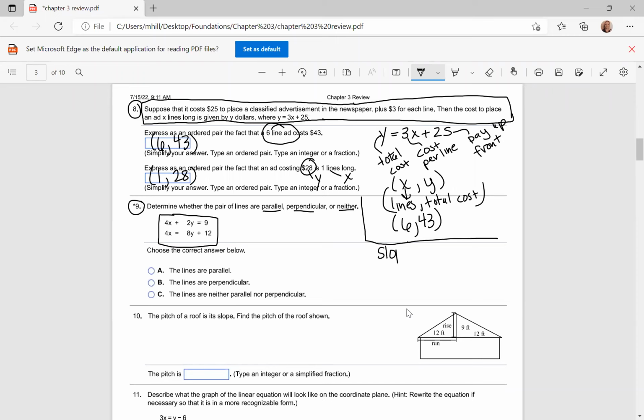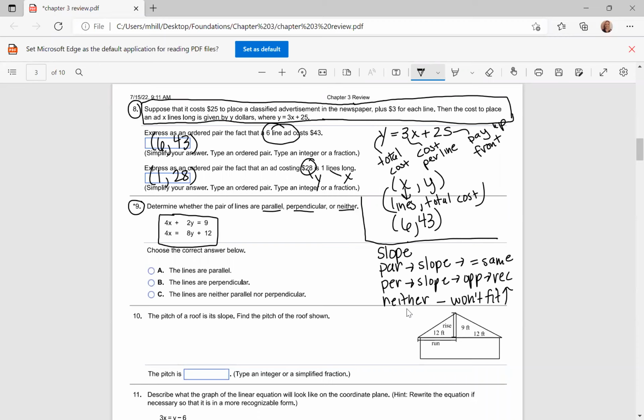If the lines are parallel, the slope is going to be equal or the same. If they are perpendicular, the slope is going to be opposite reciprocals. If it's neither, then it won't fit either of these rules above.